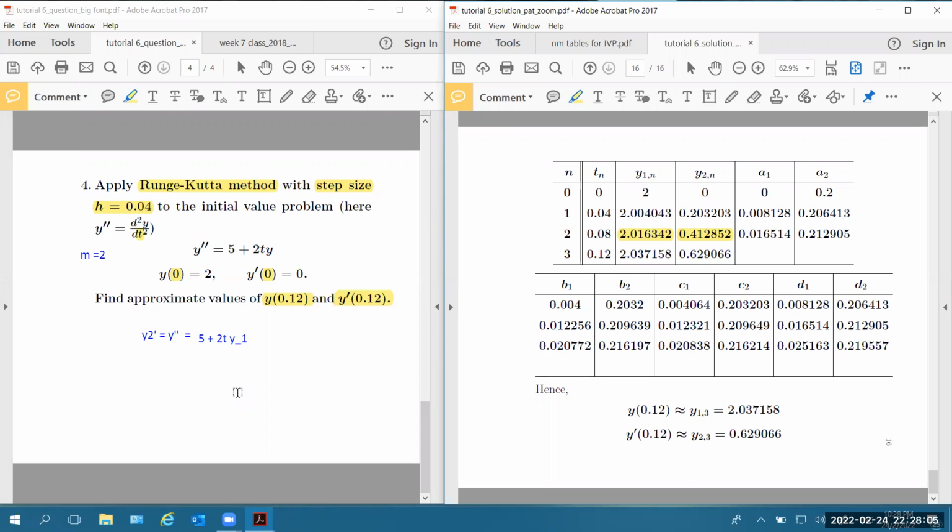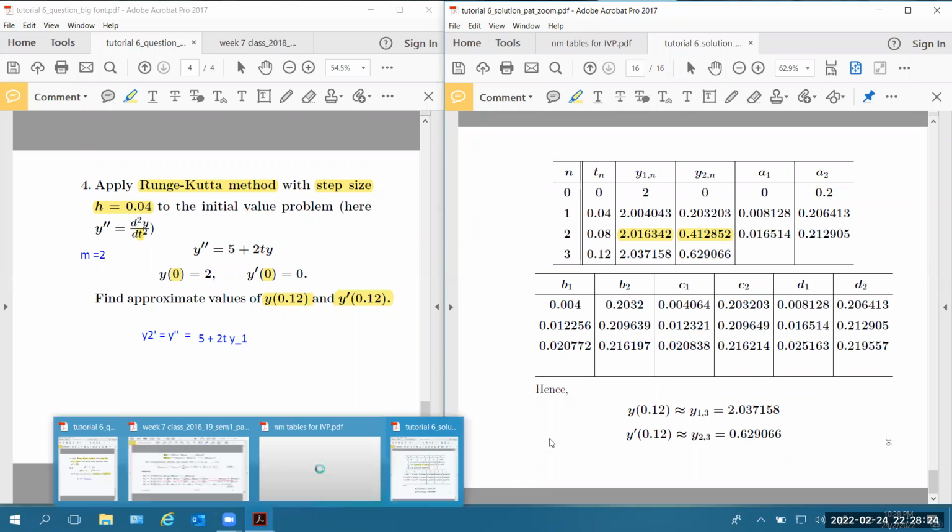Most examinations, I think I'm not yet so crazy. So for the Runge-Kutta method, y1, y2, y3, and then d1, d2, d3, I think that is quite hard.